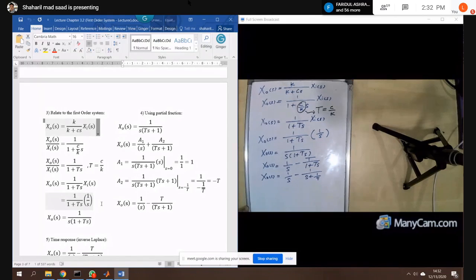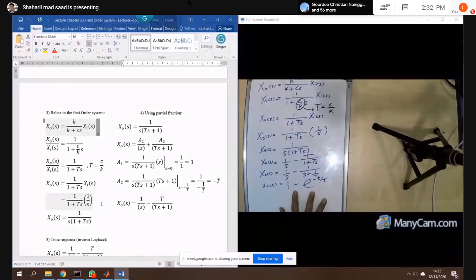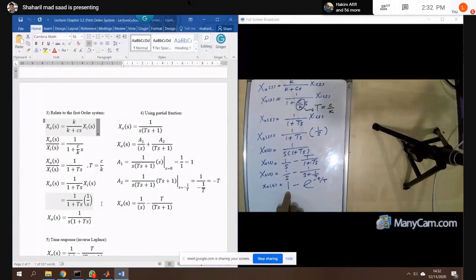When you inverse Laplace, we get x_o(t) equal to 1 minus e to the minus t over the time constant. That's why before this you saw that the general equation will be K times 1 minus e to the minus t over T, the time constant.